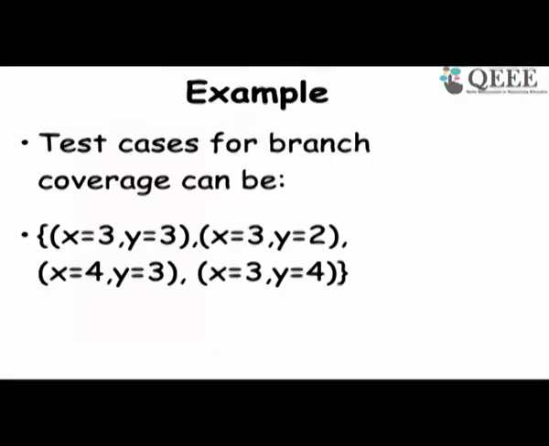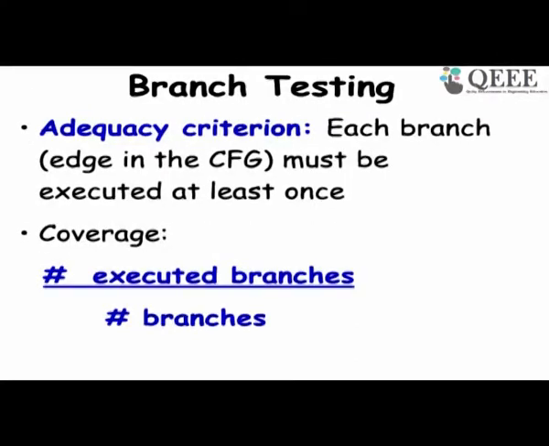We need a total of about 3 test cases for branch coverage. And here we can compute the adequacy criterion, which is the total number of branches that are possible and how many of those branches have been taken.